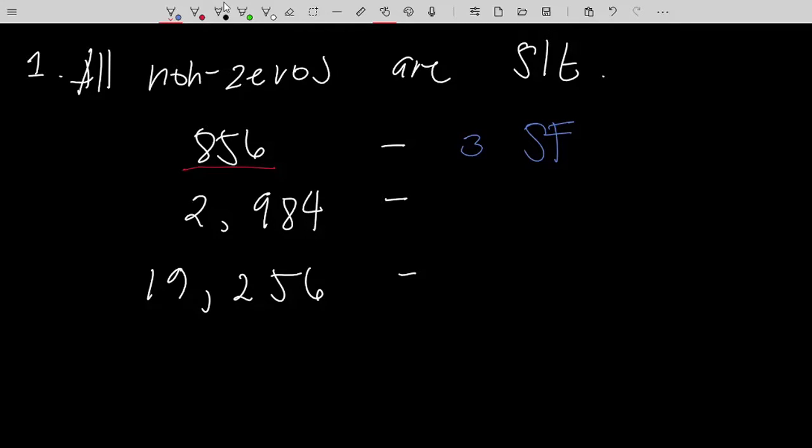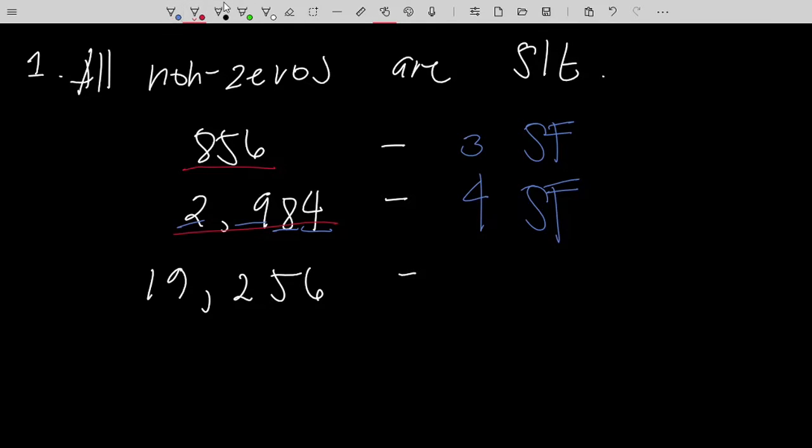Second example, 2984. These are all non-zeros, so automatically all of them are significant figures. Here we have 4 significant figures: 2, 9, 8, and 4. How about the third example, 19,256?